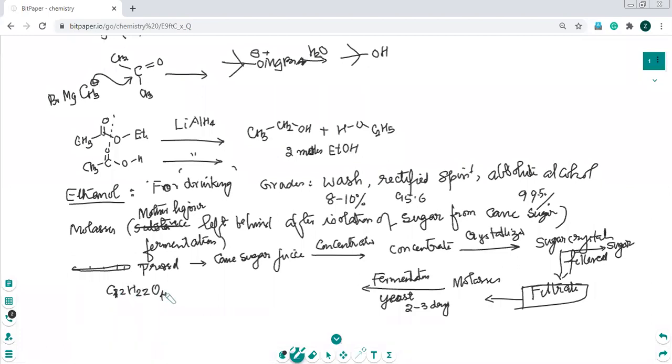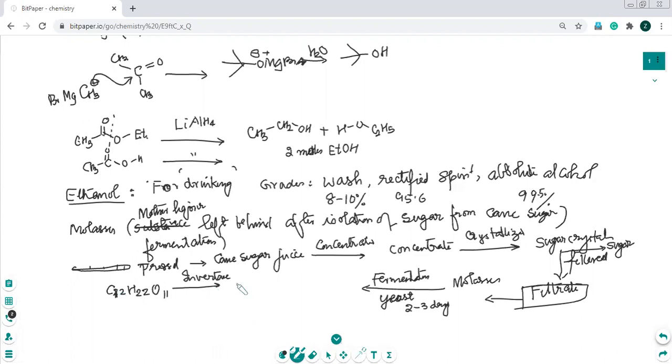This is cane sugar. Now when you add yeast, what you will get is invertase.